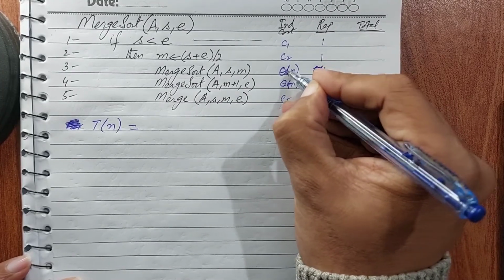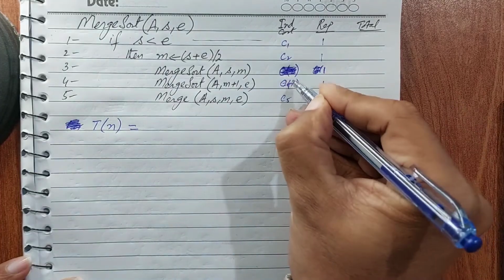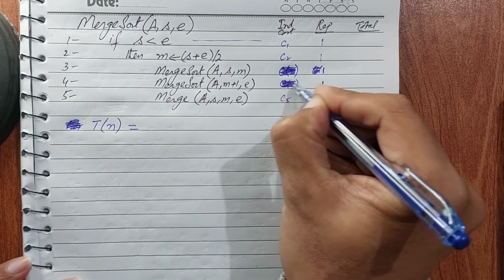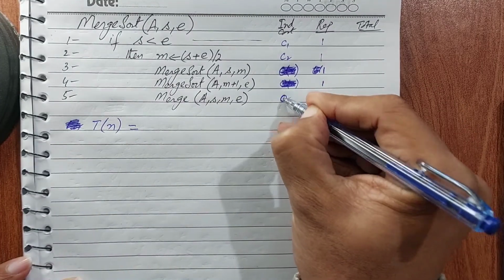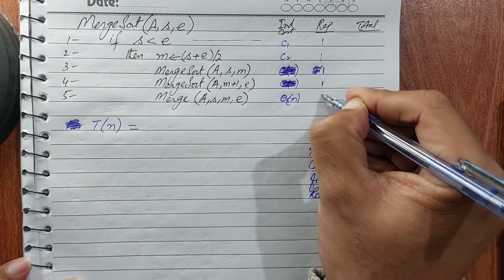Sorry guys, I just mixed it up with the merge one. So this is theta of n, and this is going to be repeated once.